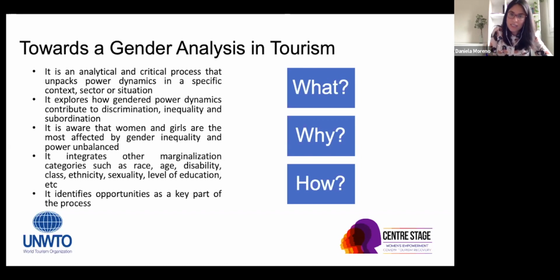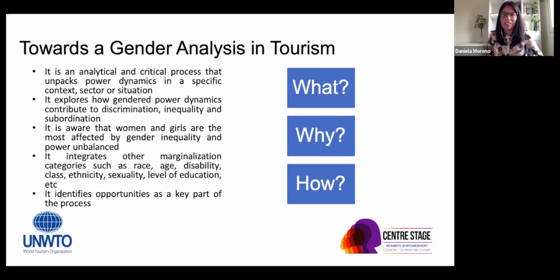A gender analysis is essential for all types of tourism and tourist organization. I have seen in many places that sometimes they think that gender analysis is only a matter for a social department, for example, or is a women's issue, or is something that is only linked to the women's department, right? And this is not the case.